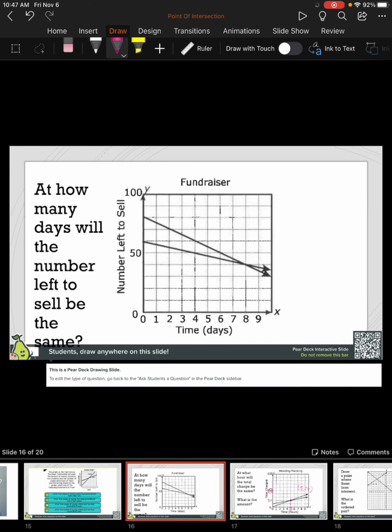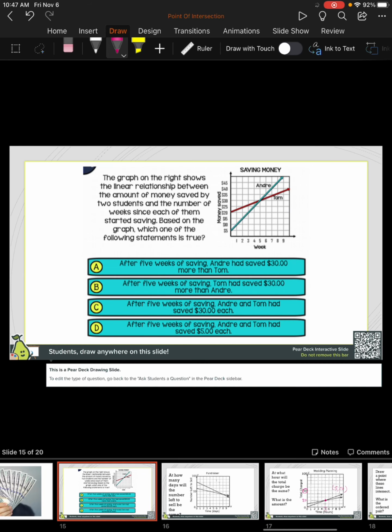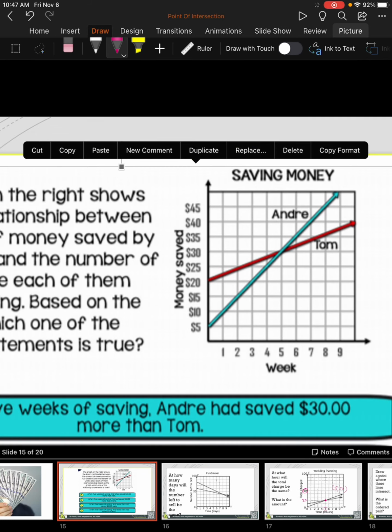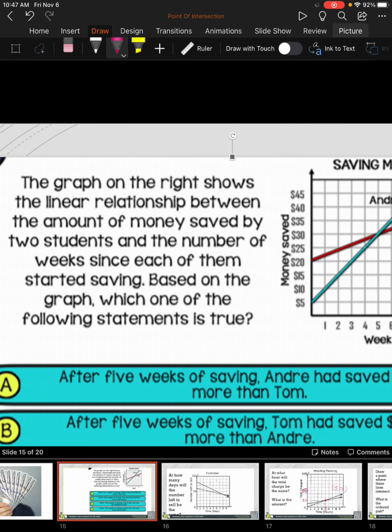Let's look at this real quick. So this problem here I think will help bring it into focus. So I'm going to just read this problem and then we'll look at it together. The graph on the right shows the linear relationship between the amount of money saved by 2 students and the number of weeks since each of them started saving.